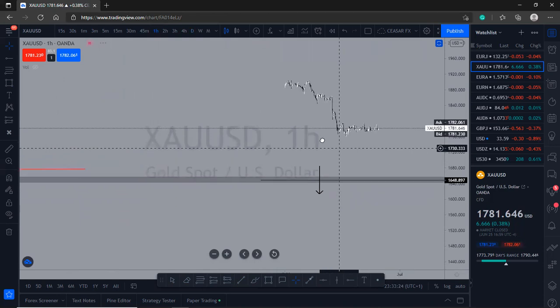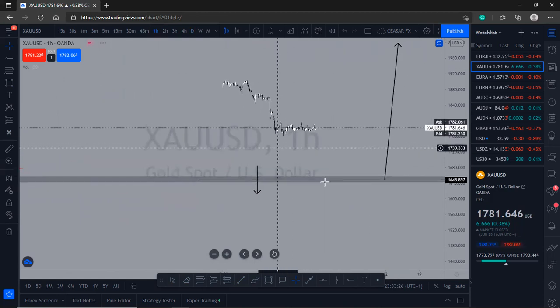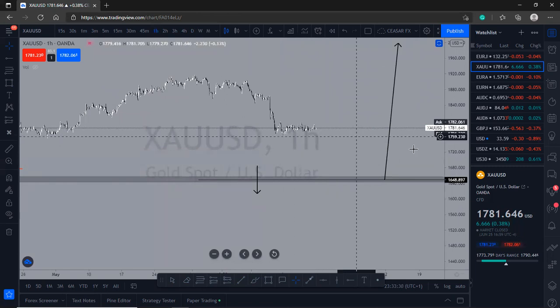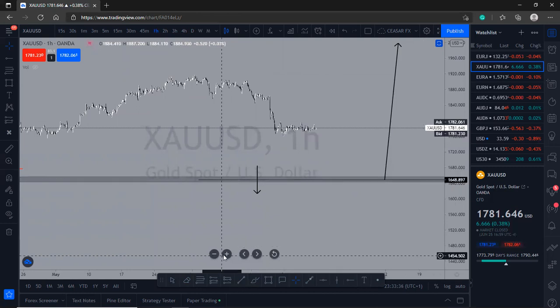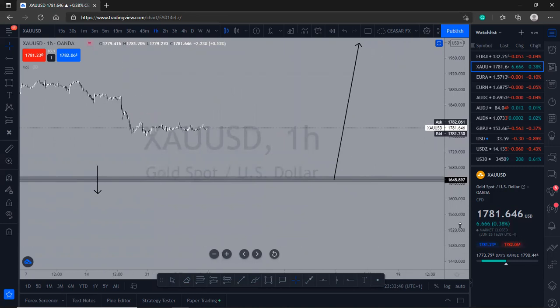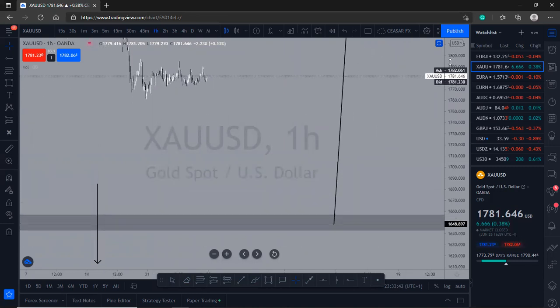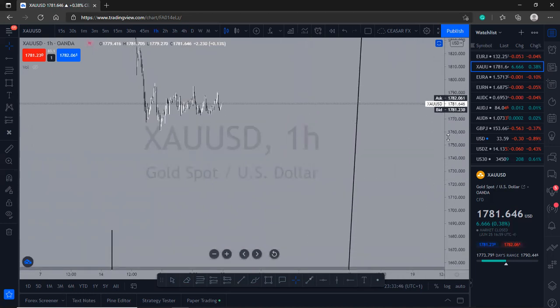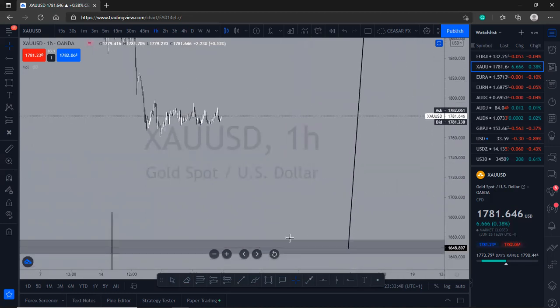All right, so if gold reaches this zone, somewhere there, maybe gold is distributing. Let's quickly check. Maybe gold is currently distributing.